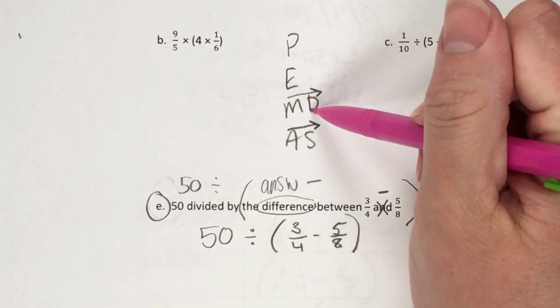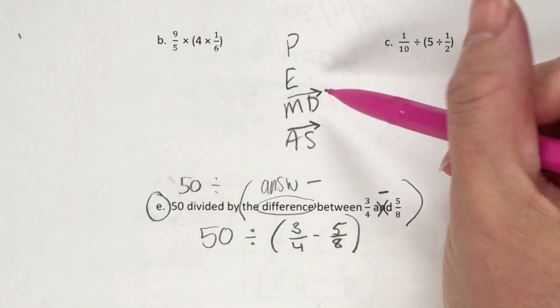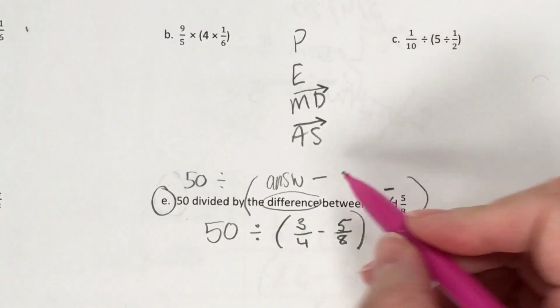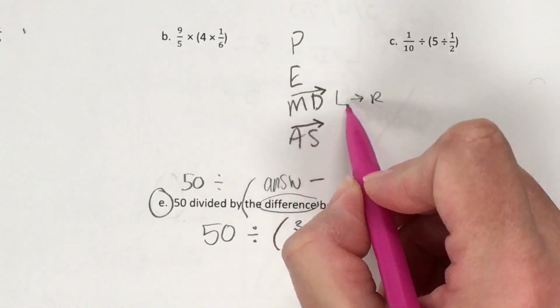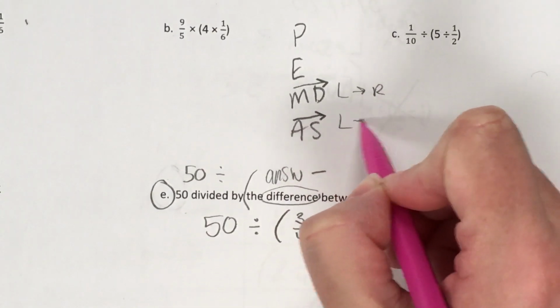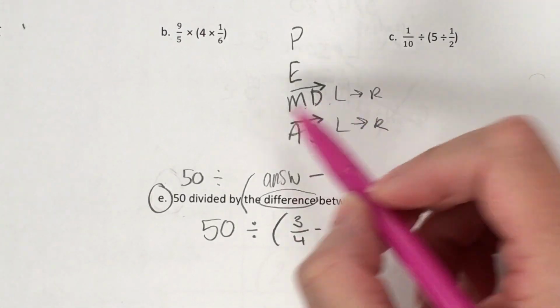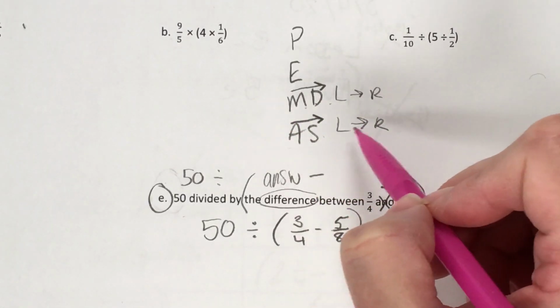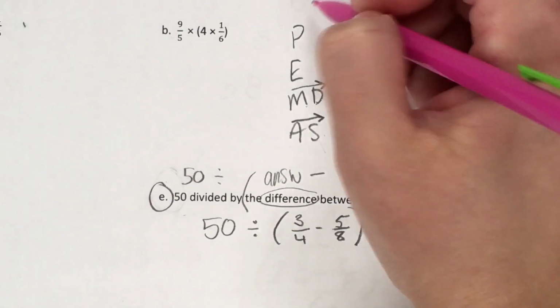Sometimes you can divide before you multiply if it comes first in the problem, over to the left. It doesn't always mean that you multiply before you divide, or that you add before you subtract. It's whatever comes on the left, you do that first when you get down to that step.